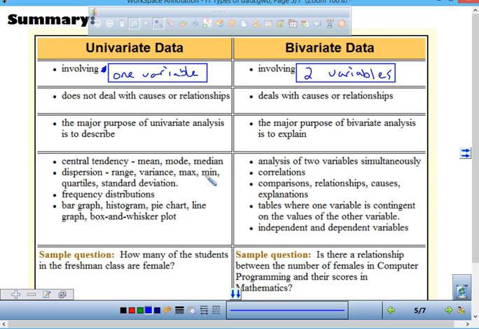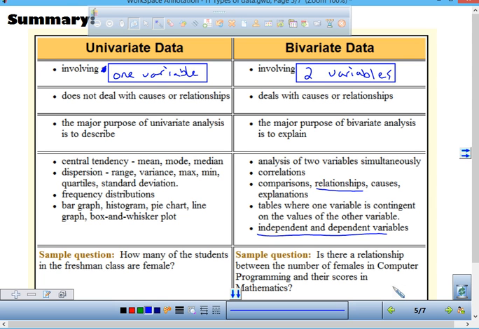Different things that you're going to do with bivariate data: you're going to talk about independent and dependent variables. You're going to go back and look at linear relationships. We're going to probably make graphs and tables of these and find the relationship between the two variables. Here's another example.